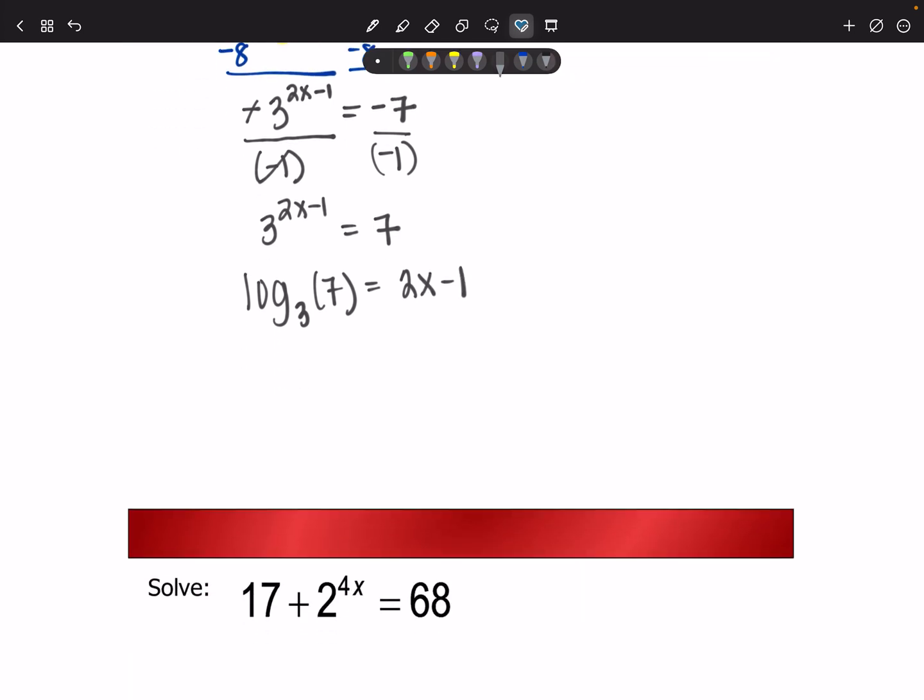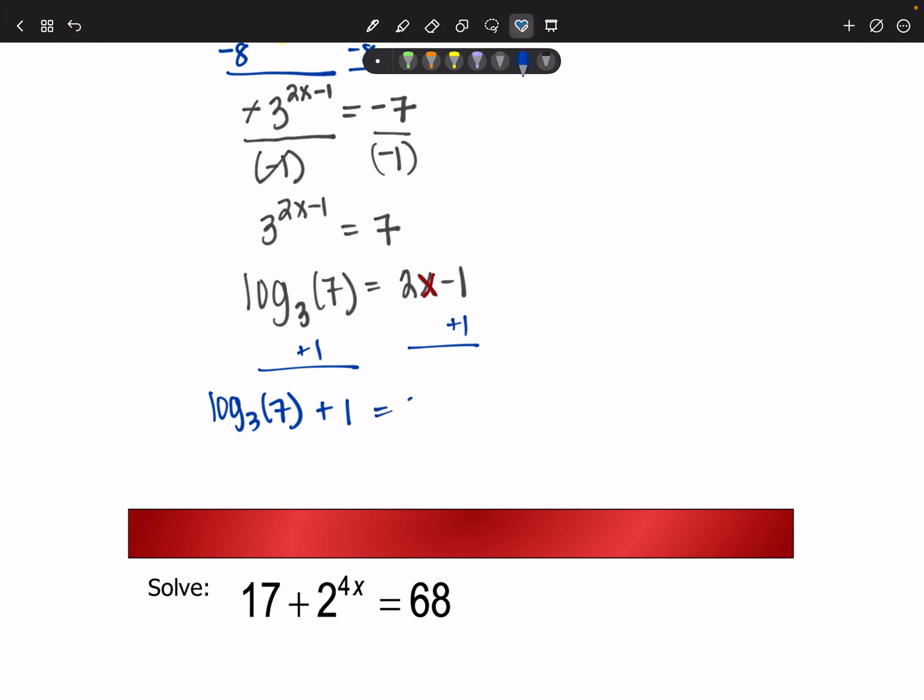Now, before I rewrite the log base 3 of 7, I'm going to solve for x algebraically. Because of the complication that we've got here, I'm going to add 1 to both sides. So I've got log base 3 of 7, which is just some decimal number, and then we're going to add 1 to it.